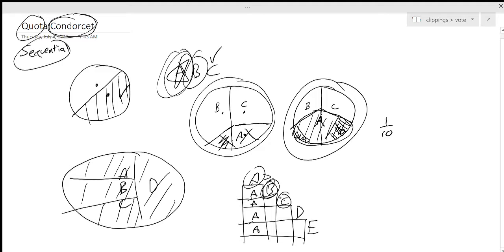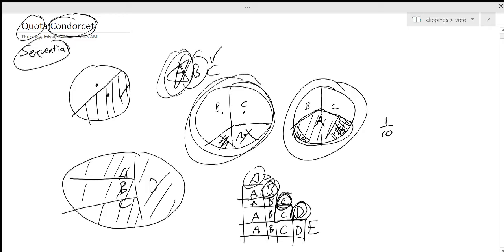Between B and C, choose B, and so on. And between C and D, choose C. So each of these blocks is a mini election between 2 candidates, and that's what this represents.